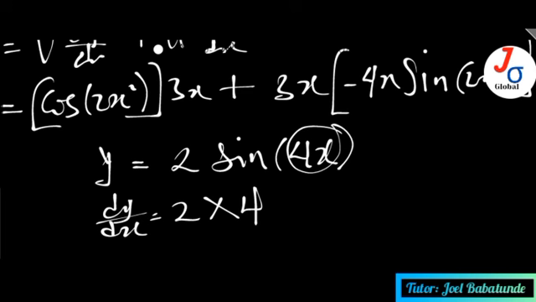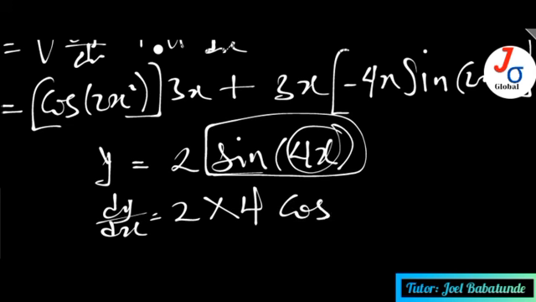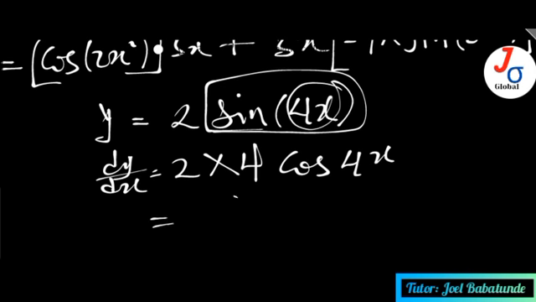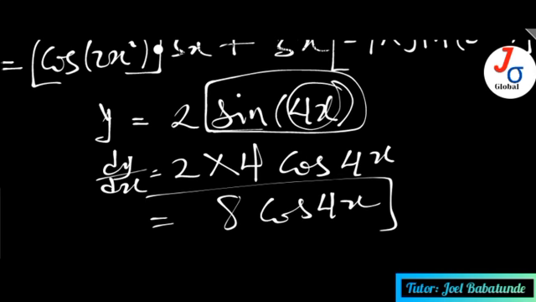Then differentiate sine 4x. Sine 4x should give you cos 4x. And so basically what you get is 4 times 2 is 8 cos 4x. So that's your final answer. So that's how to differentiate using your head.